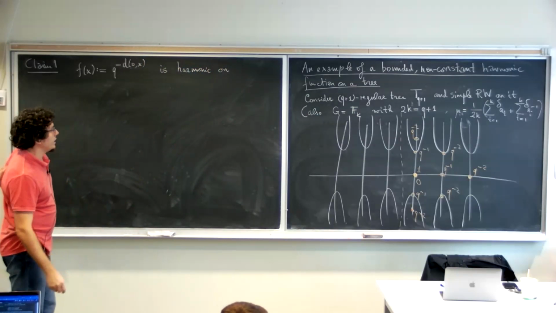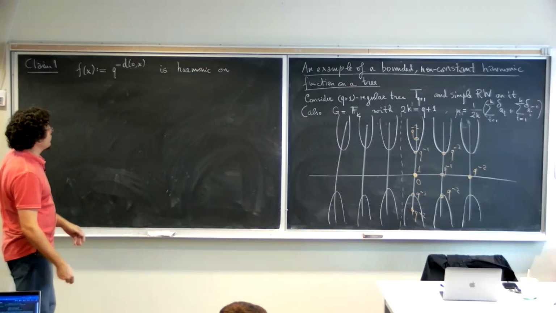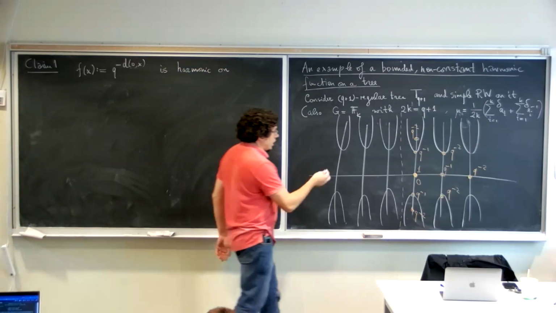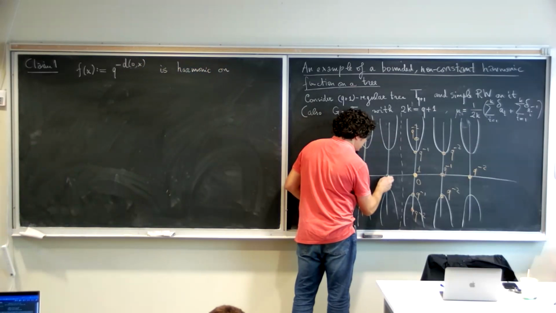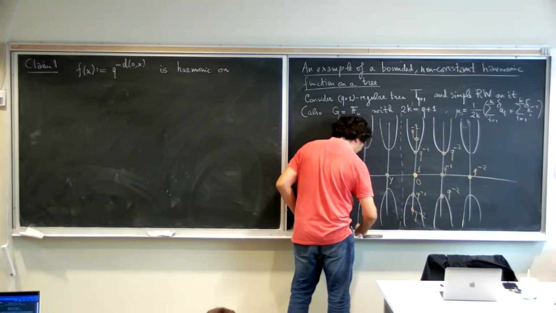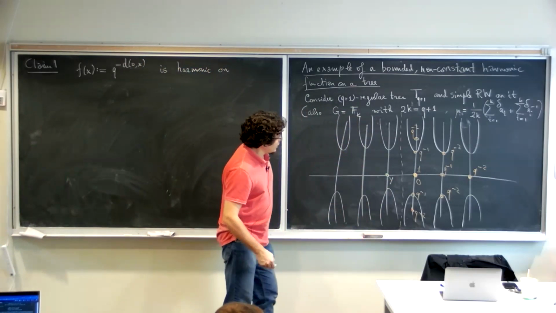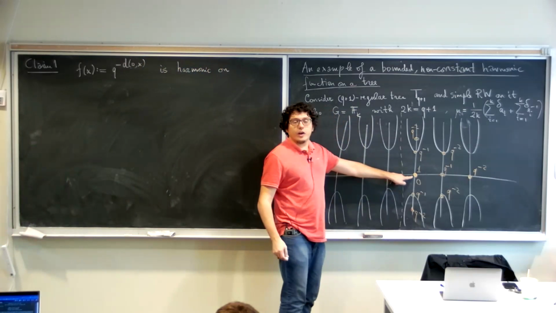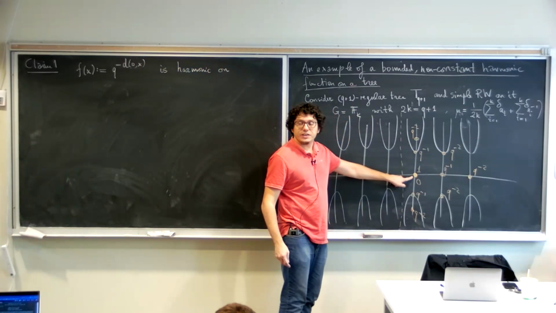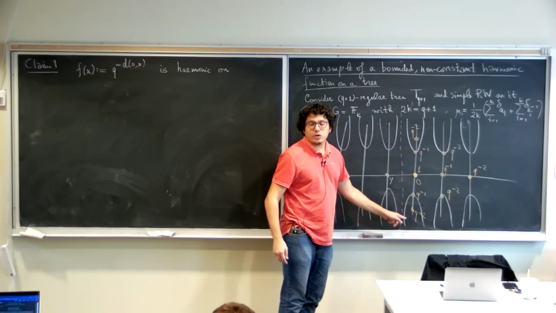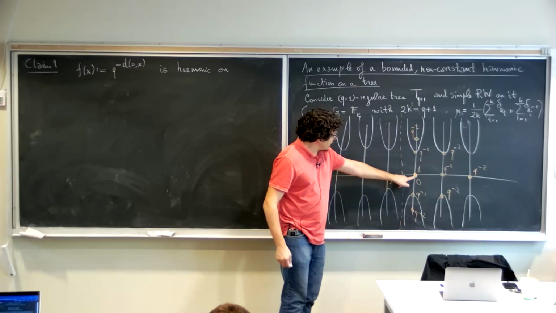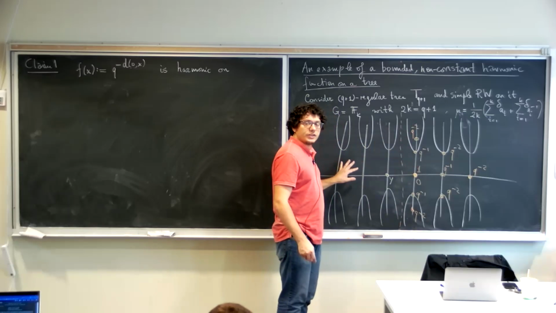So what's a way to say the right-hand side? Well, we can give a name to this point. Let's call it y. If you look at the geodesics from the origin, this covers all the geodesics from the origin, except the geodesics that go through y, because those are on the left.